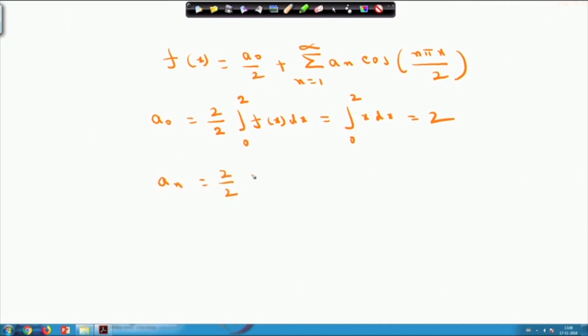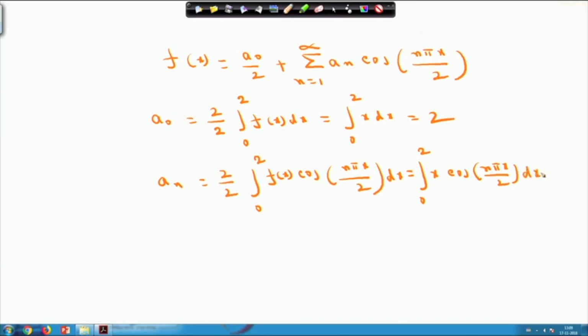And your a_n will be equal to (2/2) integral 0 to 2 of f(x) cos(n pi x/2) dx, and this is nothing but integral 0 to 2, where f(x) is x, so x cos(n pi x/2) dx. If you evaluate the integral and substitute the limits 0 to 2, ultimately you will obtain a_n equals 4/(n^2 pi^2) times ((-1)^n - 1).